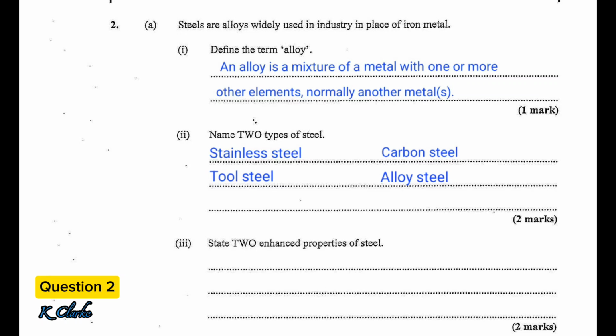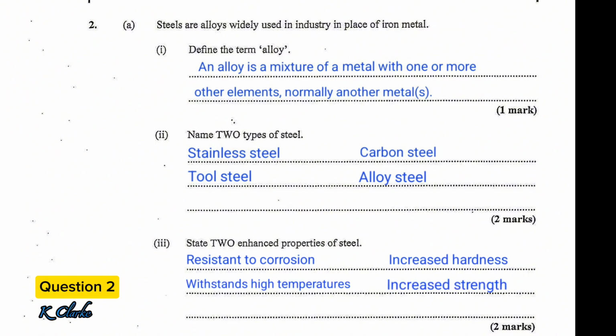State two enhanced properties of steel. Enhanced properties include resistance to corrosion, increased hardness, withstands high temperatures, and increased strength.